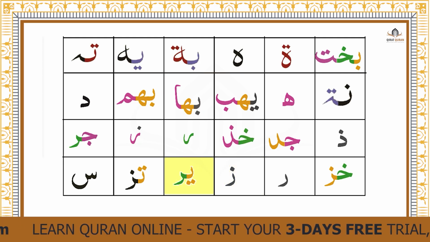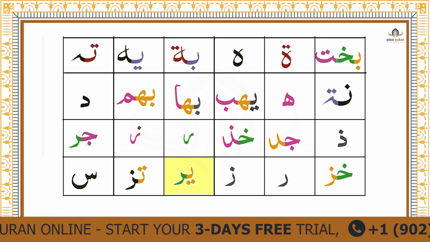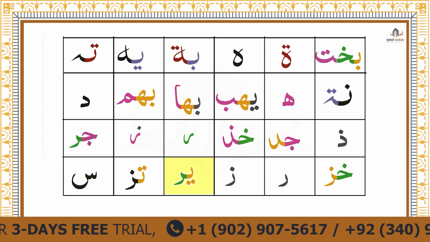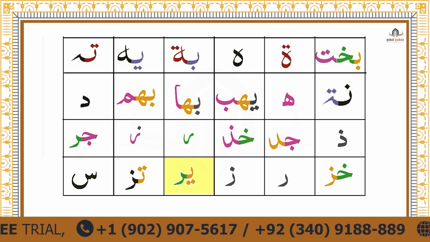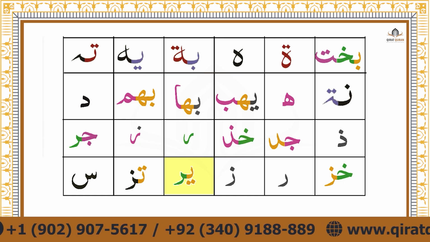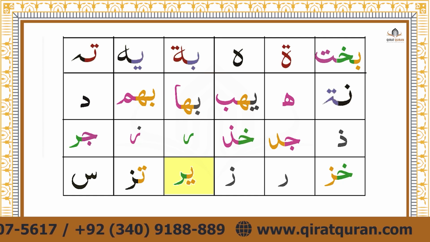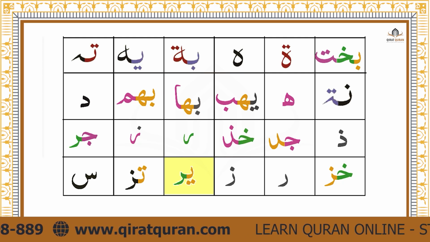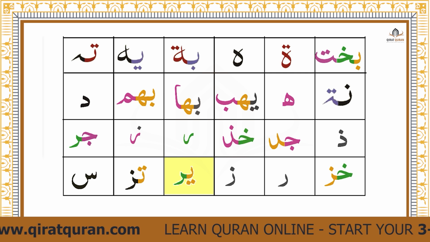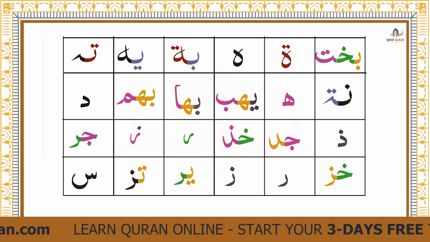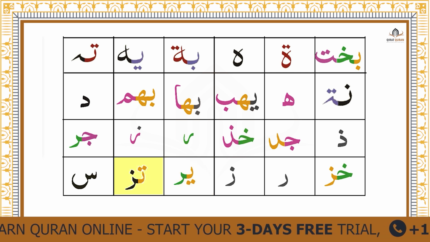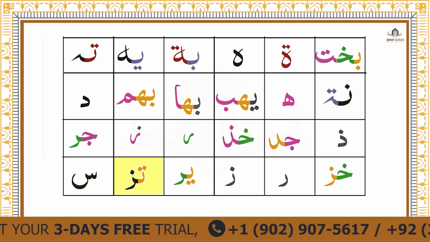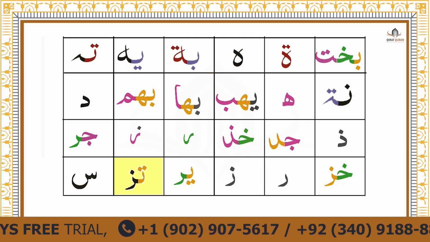Then there are two letters. The first one is ya, because it has two dots at the bottom, and we know that when a letter has two dots at the bottom, that letter will be ya. So the first letter is ya, and the next one is ra. Ya, ra. The next two letters: the first one has two dots at the top, so we know that this is ta.